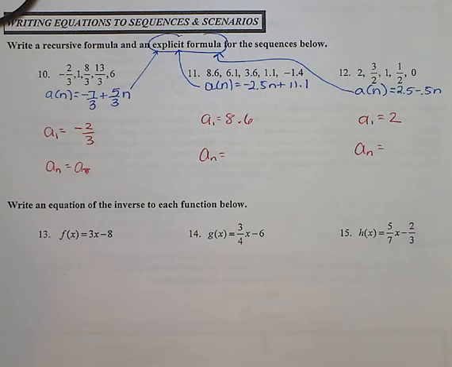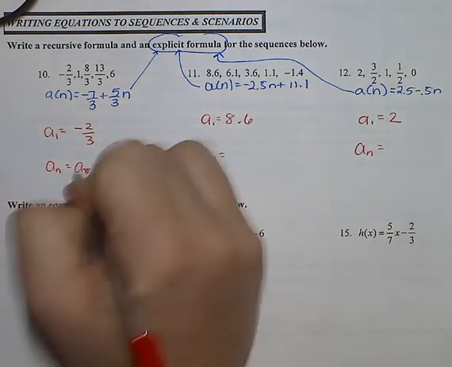How do we correctly write it? A sub n minus 1 starts with all of them.